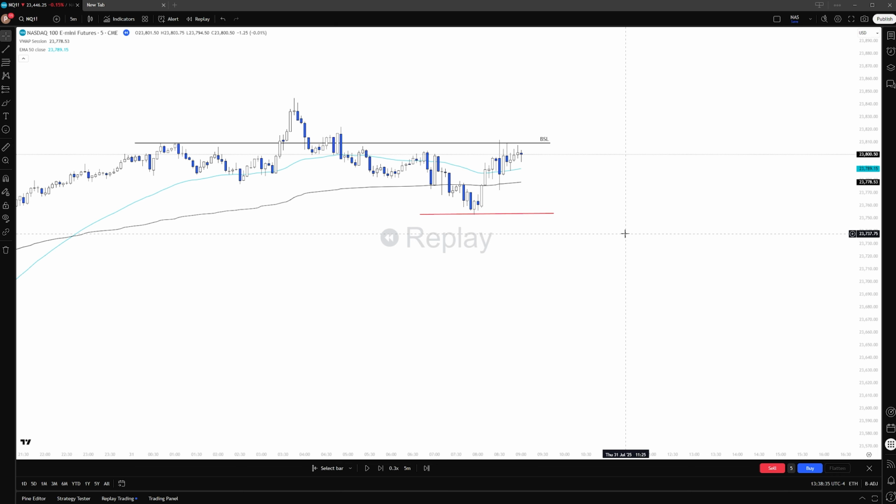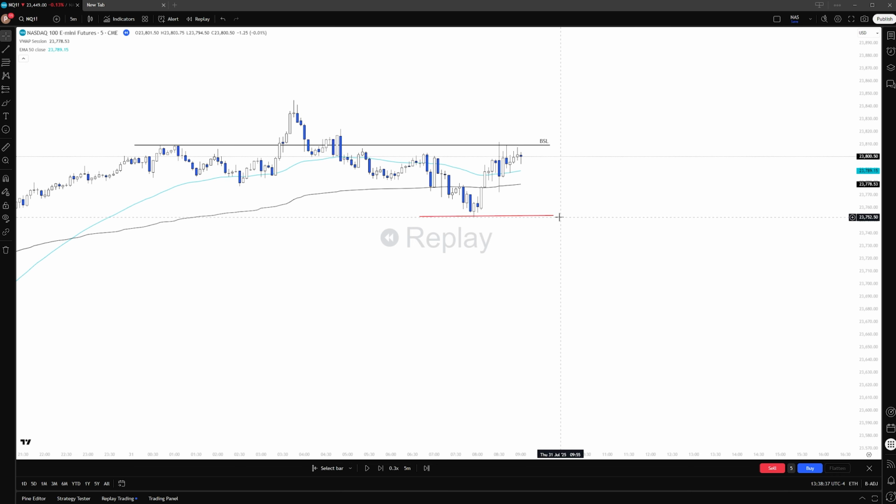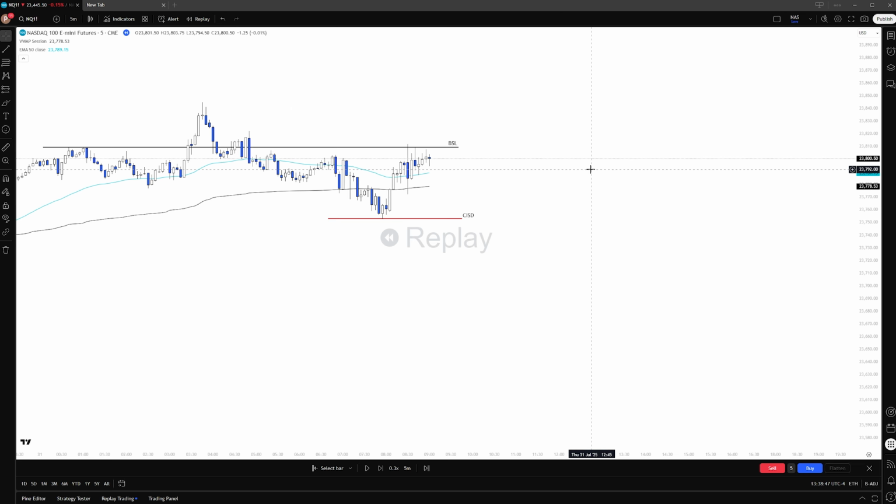Let's put that red, and let's make this the CISD. So we'll put CISD here. What I'm looking for is a break of structure. And in this case, you can also see that there's a 50 EMA line right here, which is this blue one. So let's just continue to go.